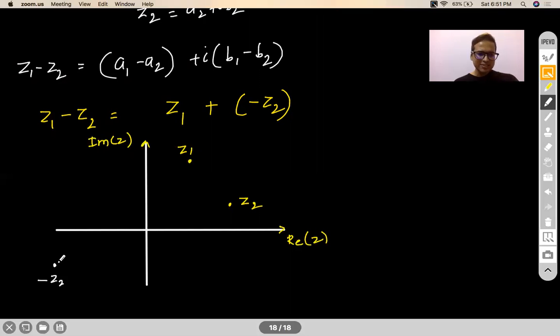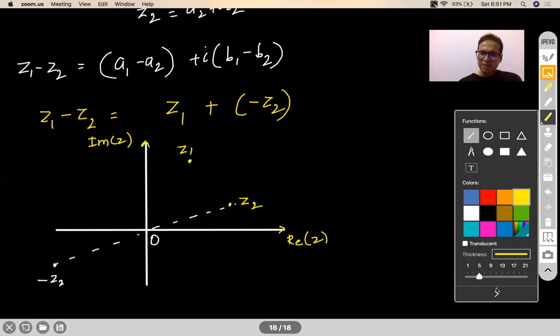Okay. Negative z2 means you are exactly taking the mirror image of that point about the origin, right? Both x and y, or we can say both a and b coordinates of that ordered pair will be reversing their signs. Correct. Now you follow your parallelogram law of addition.